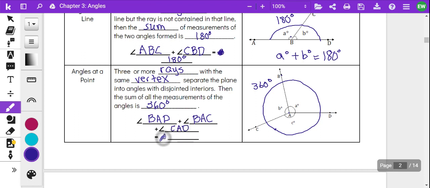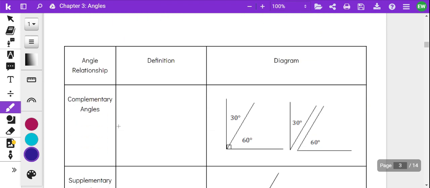And again, you're going to have to erase this little angle symbol. When you add those together, it's 360 degrees. And you're going to see problems like this. So the measure of A plus the measure of B plus the measure of C is equal to 360. Okay. All right, you can pause if you need to catch up on notes.